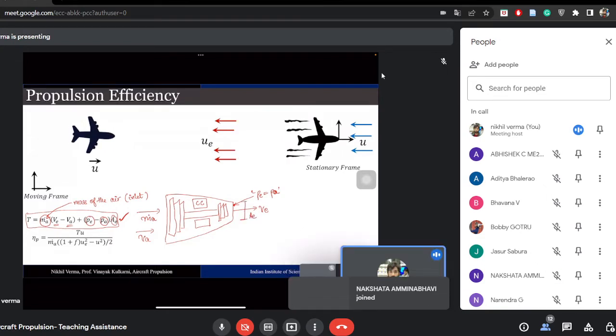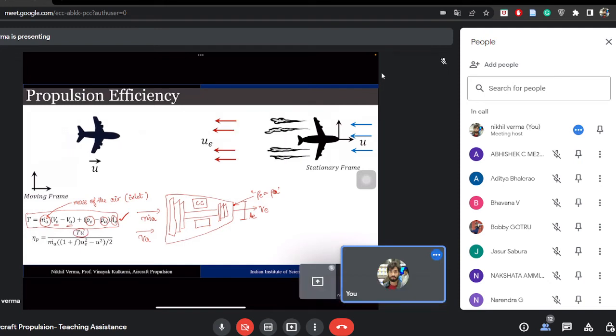Now the propulsion efficiency is the thrust power, which is this force multiplied by the velocity of the aircraft. U is the velocity of the aircraft.